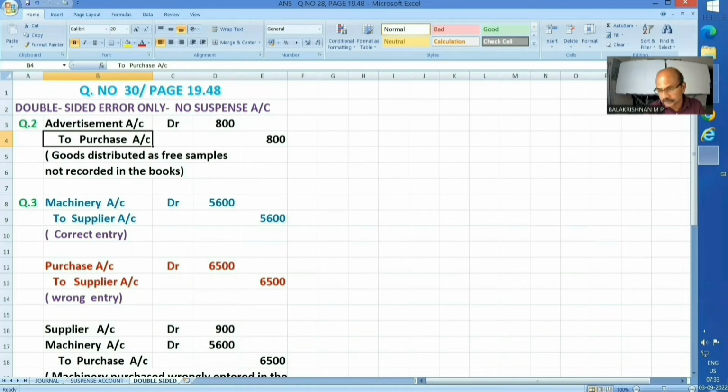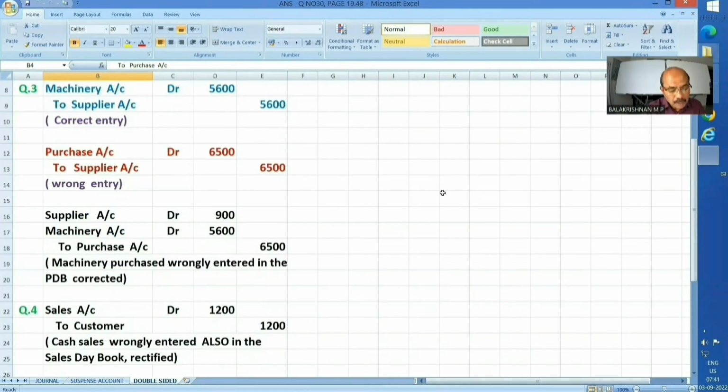Thank you. Next one. Purchase of machinery for rupees 5,600 on credit was recorded in purchase book as rupees 6,500. Well, first of all, any machinery purchase is an asset purchase and it doesn't have a place in the purchase book.